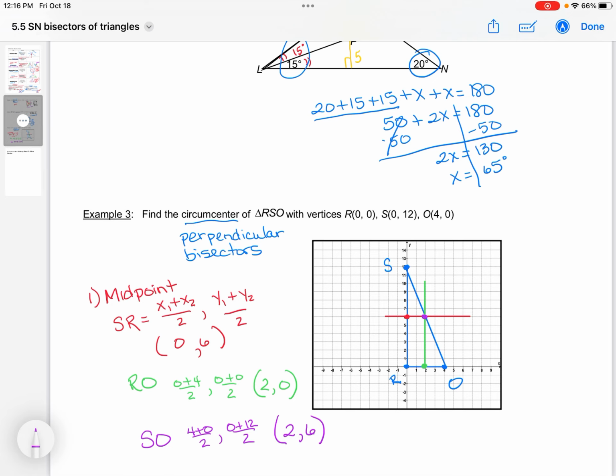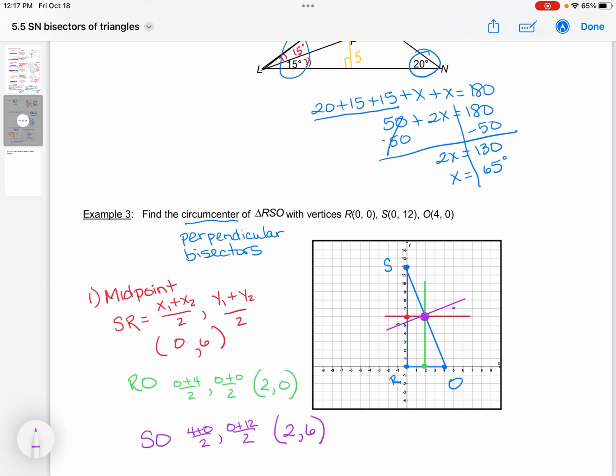So if I go over 2 and up 6, oh my goodness, look where it is. It's right there. And if I wanted to draw a perpendicular bisector, I'm going to kind of estimate, because it looks like it's about 3 over 1, so I'm going to go up 1 over 3, down 1 over 3 for my perpendicular. Not even close, but there you go.